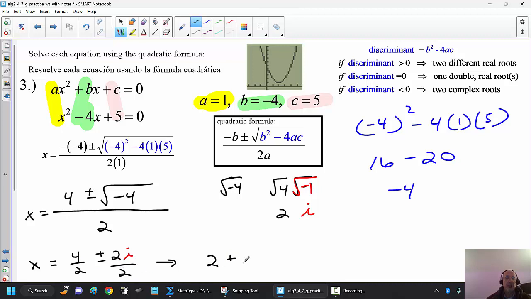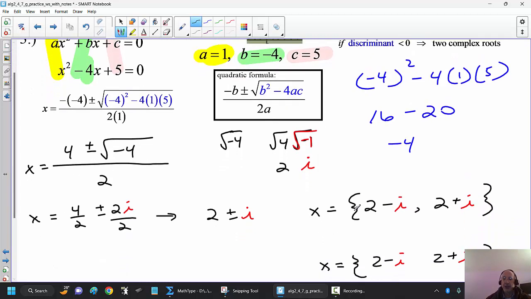Plus or minus these 2's cancel, so it's plus or minus this i. So then x is going to be equal to 2 minus i and 2 plus i.